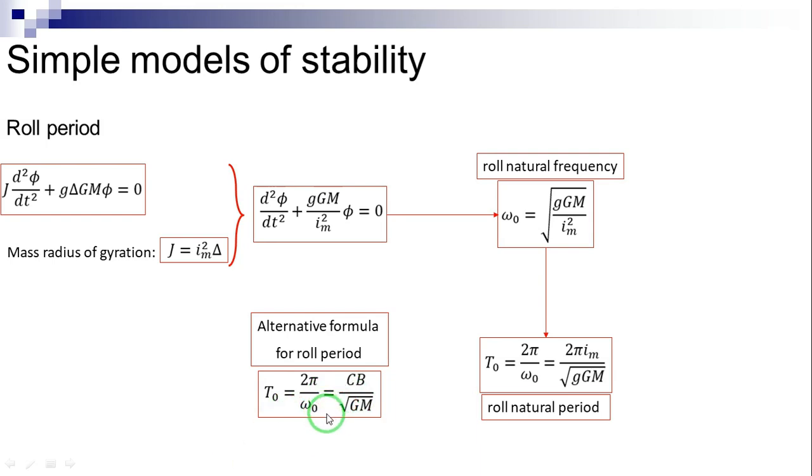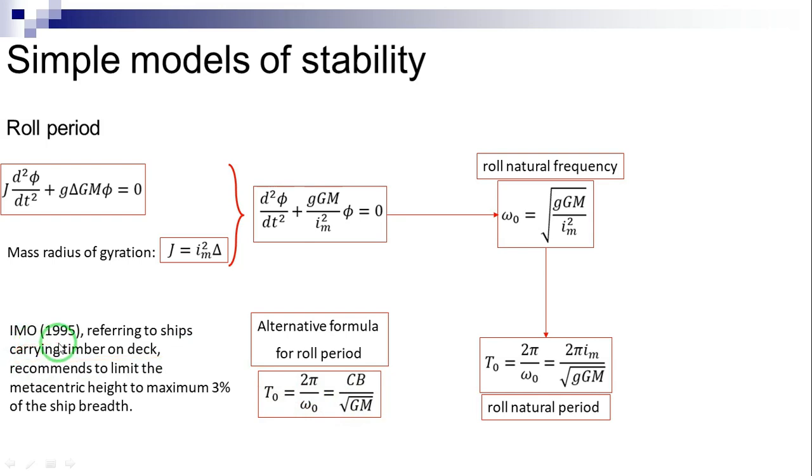IMO 1995, for example, referring to ships carrying timber on deck, recommends to limit the metacentric height to maximum 3% of the ship breadth. To obtain more comfortable rolling characteristics, many large ships have anti-rolling tanks or fin stabilizers which operate to reduce roll amplitude.